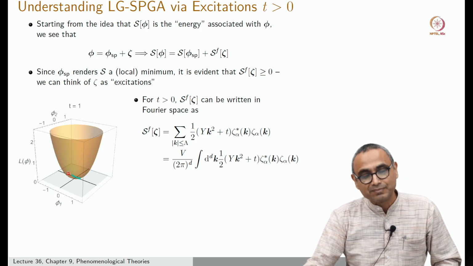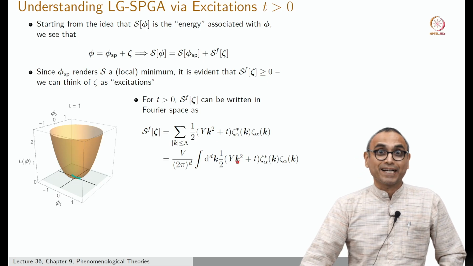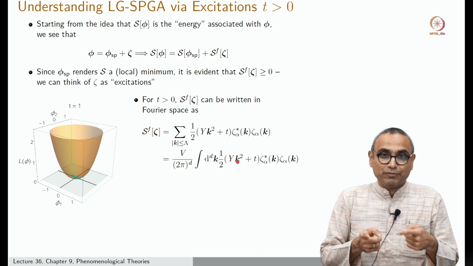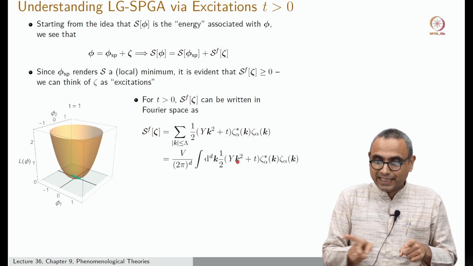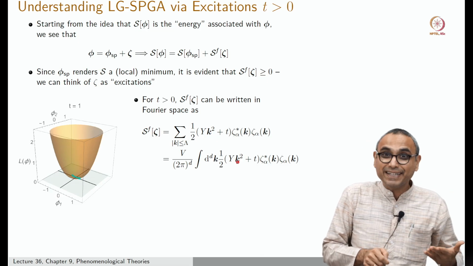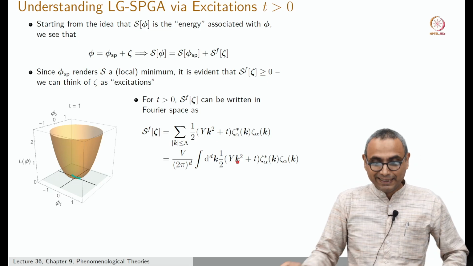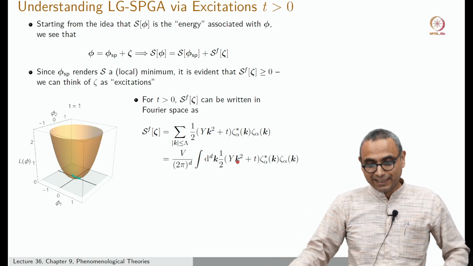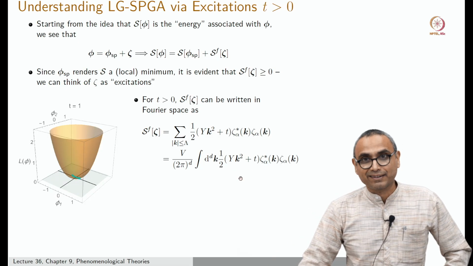And what is this k square thing? If I increase zeta 1 at a point, it will cost me energy, but it will also cost me energy to be different at different points in space, and depending on the wavelength of that fluctuation, I will pay an energy k square.